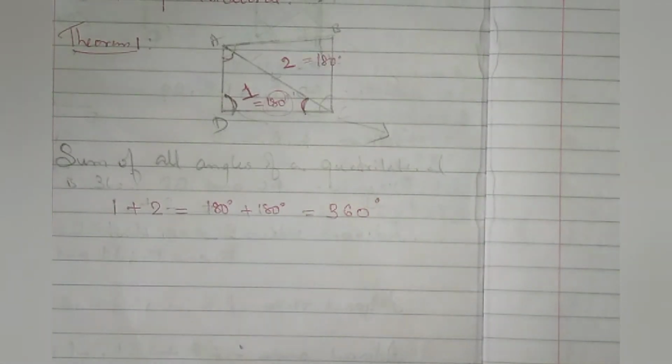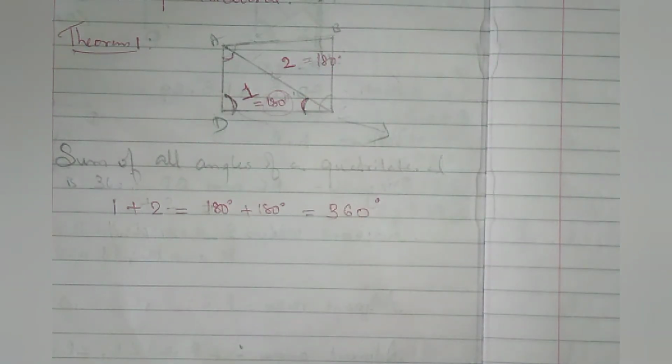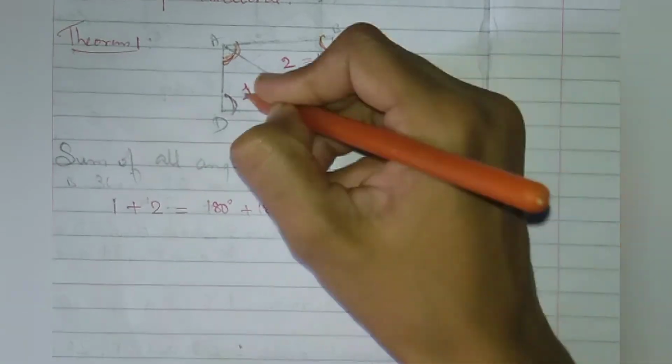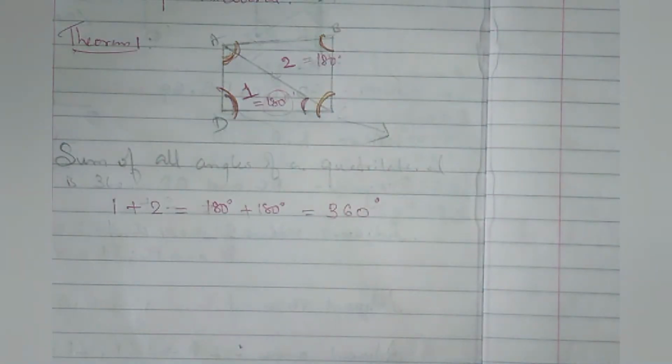Hence proved that the sum of all these angles is 360. You only have to remember that the sum of all angles of a quadrilateral is 360.